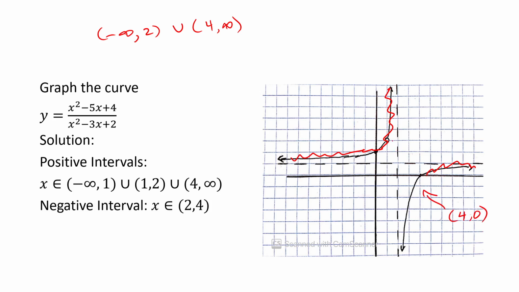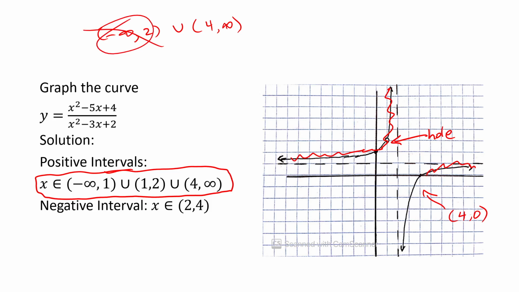But we can't do that because there's actually a hole here and the curve's not defined at x equals 1. So instead, we have to write it like this. x can go from negative infinity to 1 in union with 1 to 2 in union with 4 to infinity, and that takes the 1 out of here. It would be wrong to say negative infinity to 2.